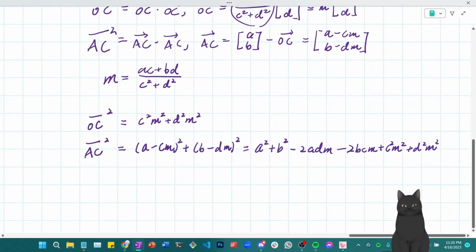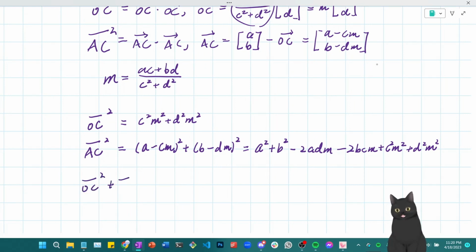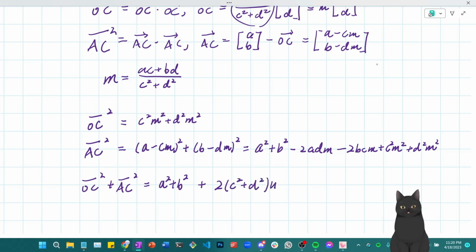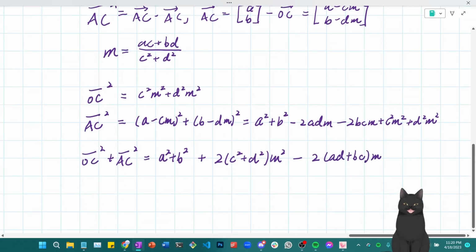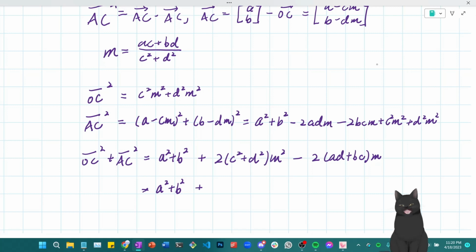Now I'm going to add these two values up, such that OC squared plus AC squared is equal to A squared plus B squared plus 2 times (C squared plus D squared) times M squared minus 2(AD plus BC) times M. Okay, now let's substitute back M and see what happens to the equation, since we have simplified the equation a sufficient amount.